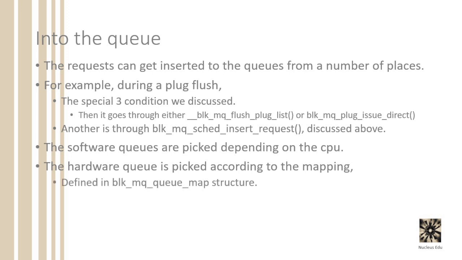Now this mapping is usually defined in this block mq queue map structure. I'm not going to delve into more detail because this would start becoming a very long thing, but just know that there can be more than one structure of this type.